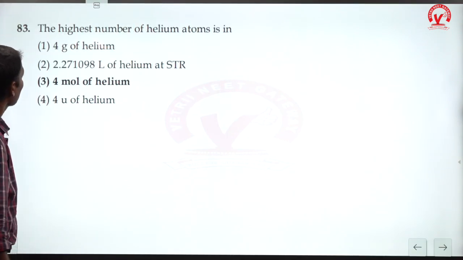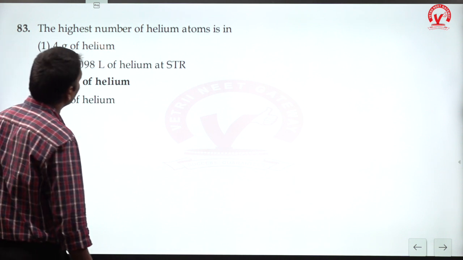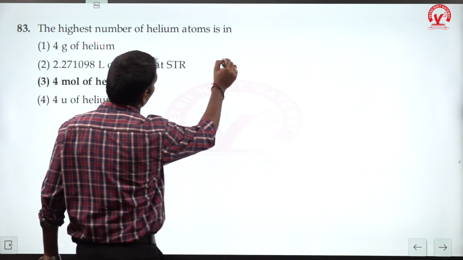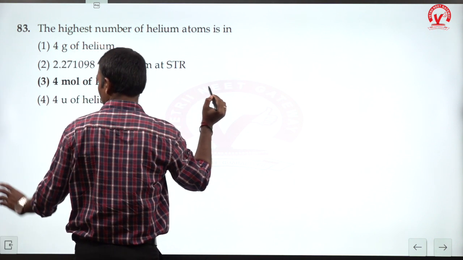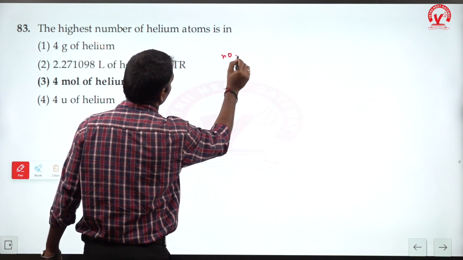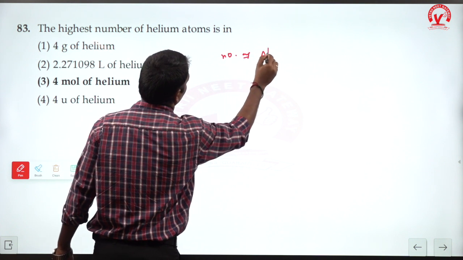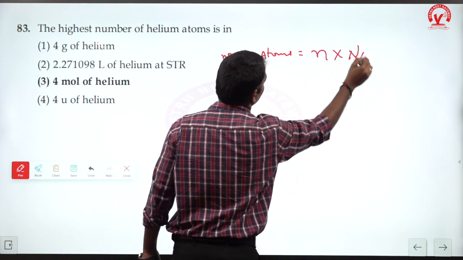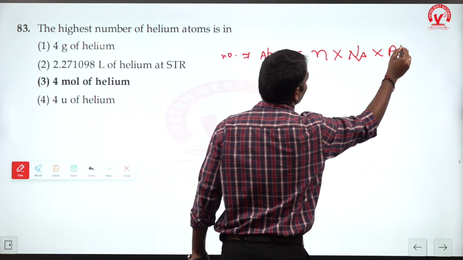Question number 83. Highest number of helium atoms, right? For finding the number of atoms we have a formula: number of atoms is number of moles into Avogadro number into atomicity.